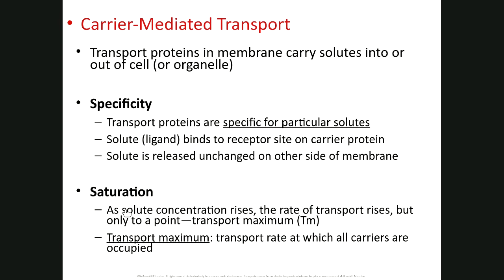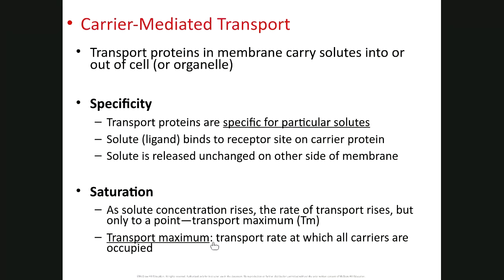They will eventually get saturated as that solute, whatever they're transporting, increases in concentration in the area. The rate of transport is going to increase, but it can only go up so high, okay? We call this the transport maximum. Transport maximum is just referring to when that carrier is completely saturated. All right, that's what this is referring to.